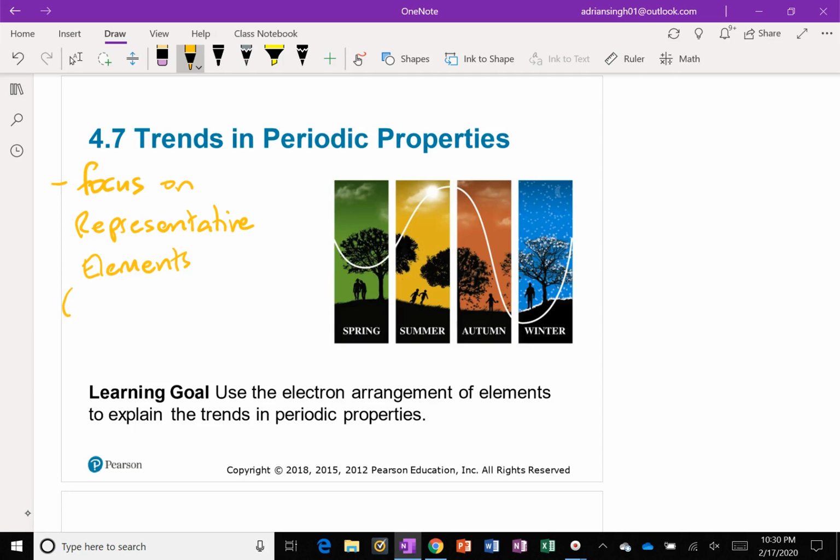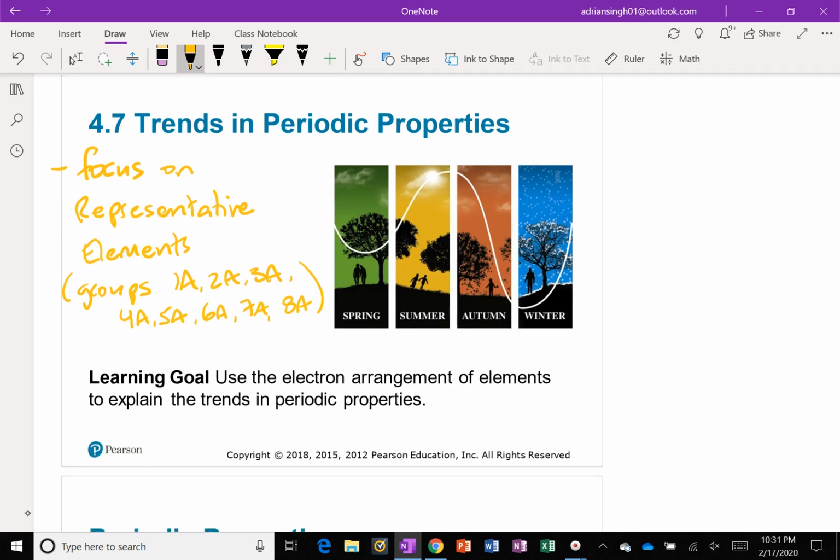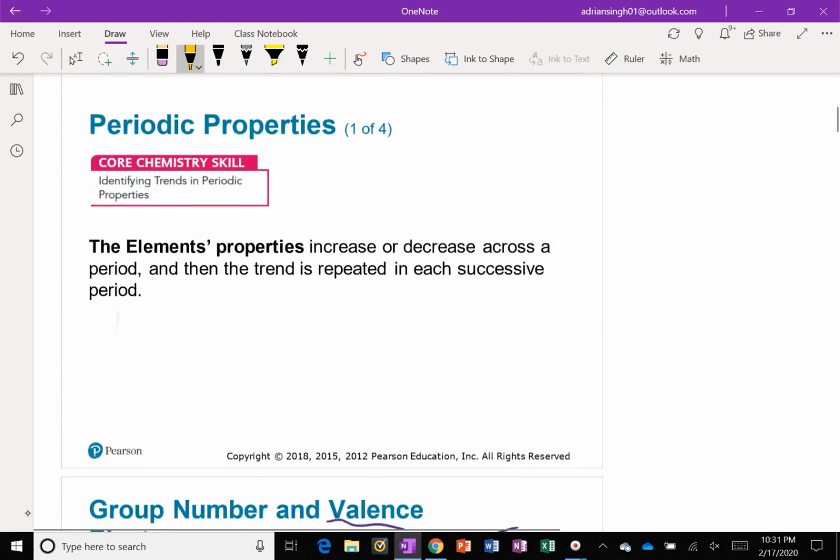So remember, these are groups 1A, 2A, 3A, and then 4A all the way over to 8A, right? So the two leftmost columns and the 6 rightmost columns on the periodic table.